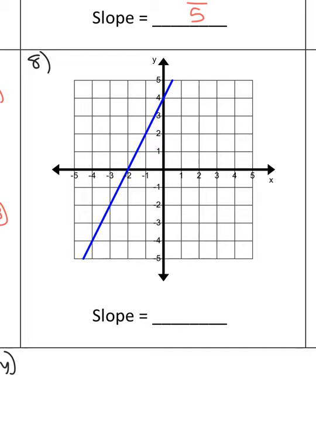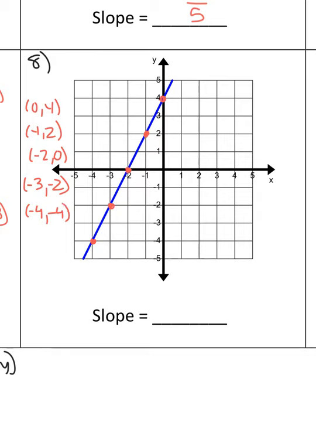So number 8. So again, let's go through and put the points that I can see. So I'm starting at the top. I see a point here, over 0, up 4, and then I go down, then I see a point here, over negative 1, up 2, and then I see a point here, over negative 2, up 0, and then I see another one right here, over negative 3, down 2, so negative 2, and then I see one more, over negative 4, down negative 4.